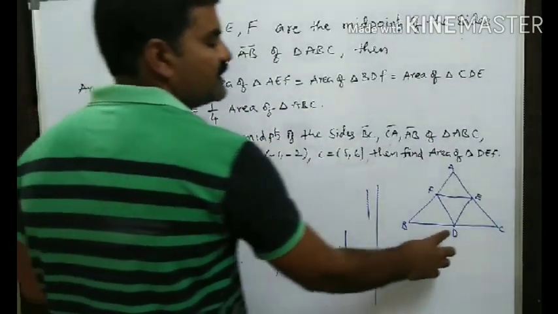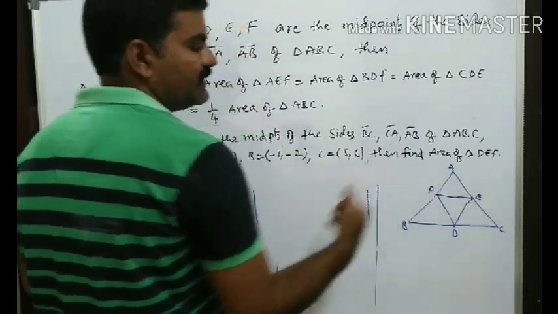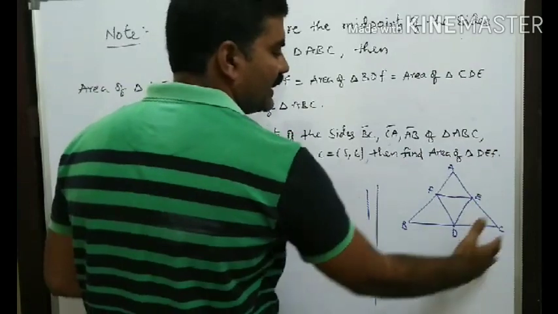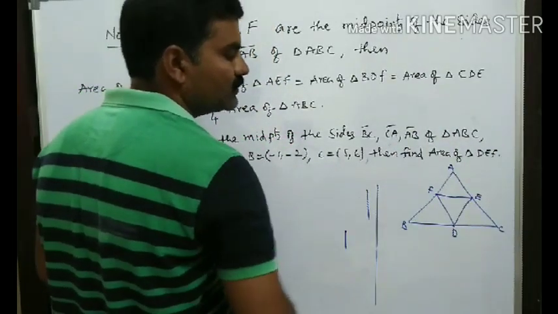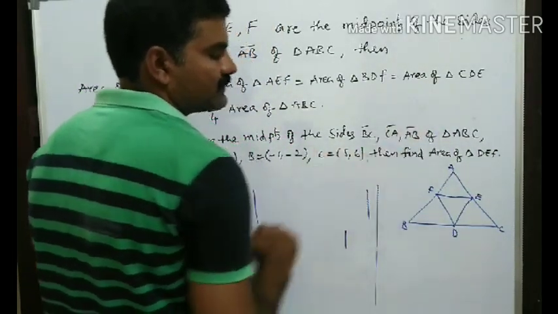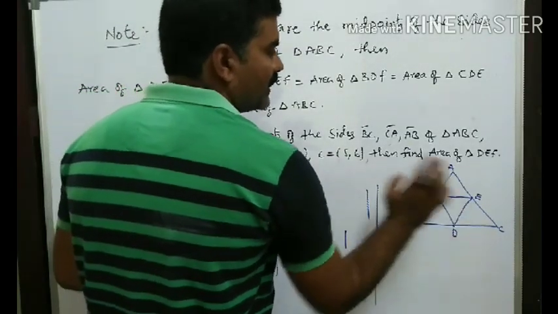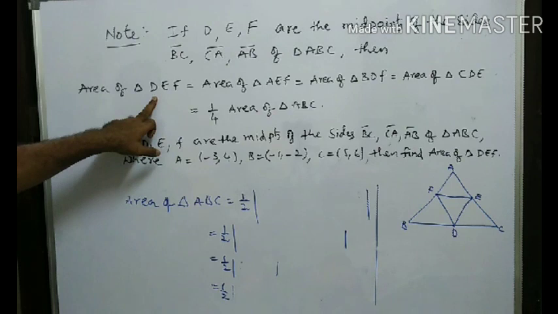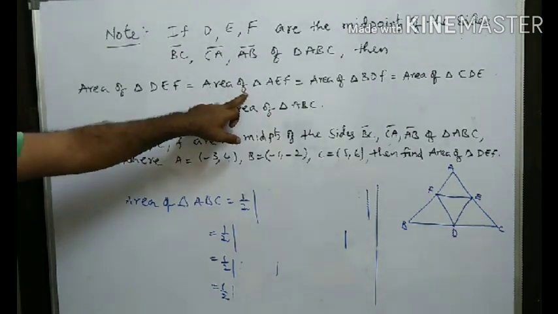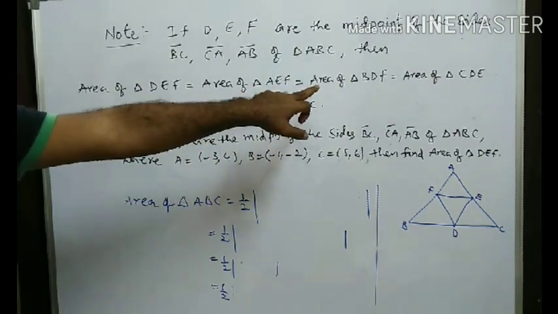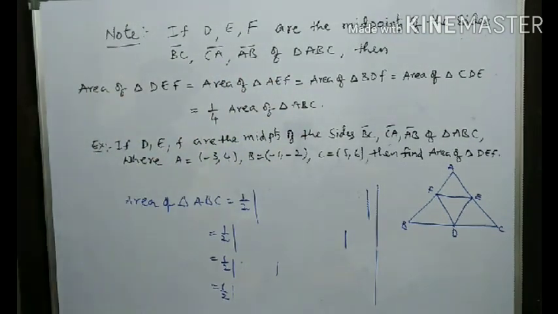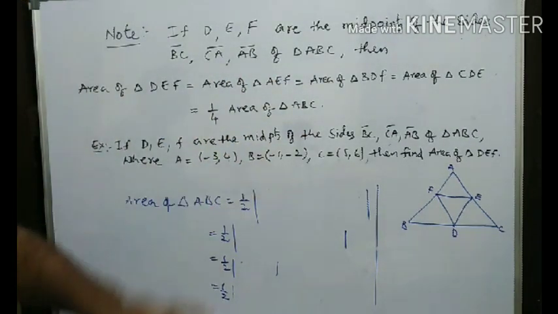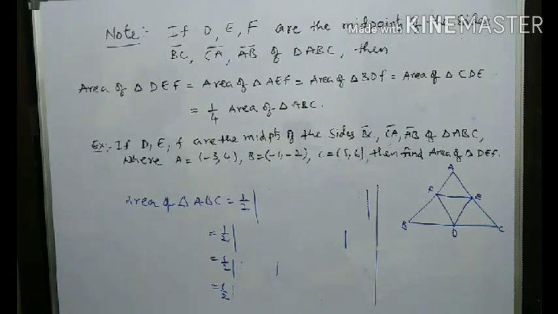You know, now since D, E, F are the midpoints, finally the entire triangle is divided into 4 equal parts. So that is what we are mentioning, that area of triangle DEF is equal to area of triangle AEF, which is equal to area of triangle BDF, which is also equal to area of triangle CDE.